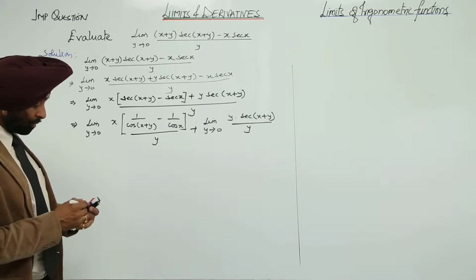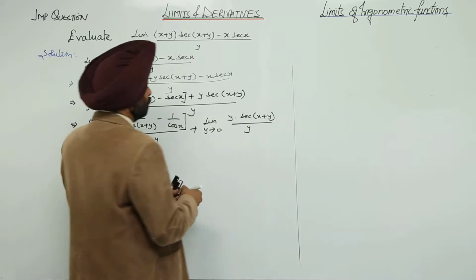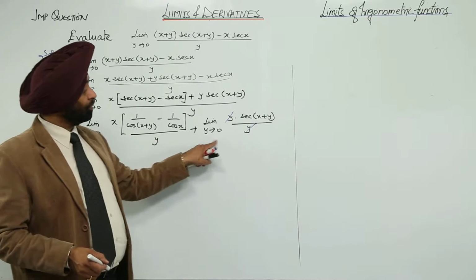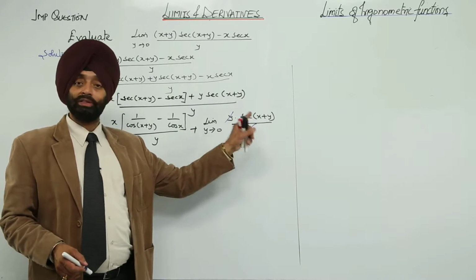Okay. So now the best part is what? First of all we can cancel this y, and second thing, when we put y approaches 0 we will be getting only secant x.